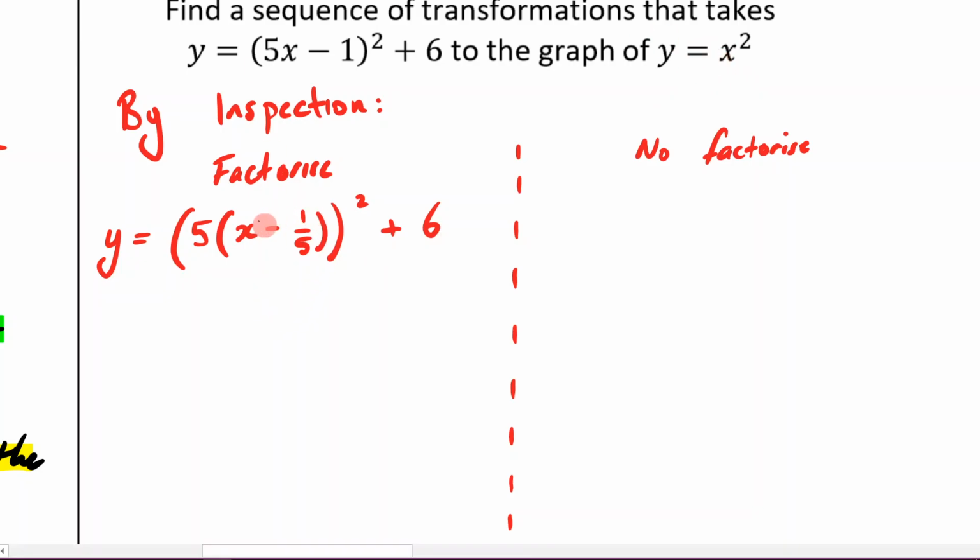If we've factorized it, what we're kind of saying is, hey, do the translations first, right? Because I immediately look at this and say the first thing that I can do is get rid of this -1 on 5. Now, this -1 on 5 is telling me to move it 1 on 5 units in the positive x direction. So to undo that, I'm going to be moving it 1 on 5 in the negative x direction.